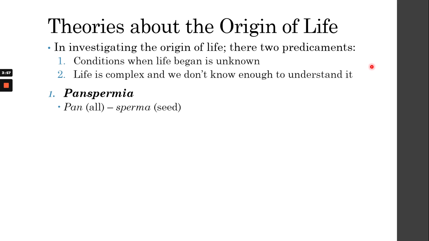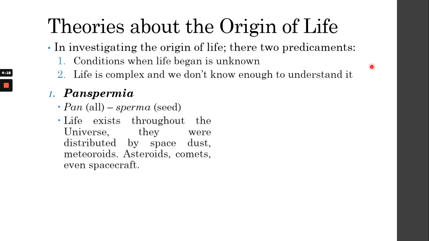Panspermia is actually a combination of two words, pan meaning all and sperma meaning seed. The word sperm is actually derived from the word sperma, meaning seed. So panspermia just basically means all seeds. But what does panspermia theorize? In panspermia, we believe that life existed throughout the universe, not only on Earth, but everywhere in the universe.